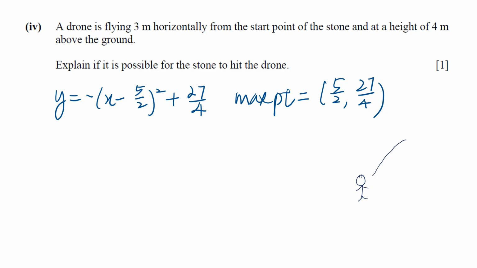The stone reaches up to the highest point and then comes down. The highest point is 5 over 2 comma 27 over 4. So we are saying that you have a drone here. It starts at 3 meters, here, 4 meters. So this is your drone. Sorry, I don't know how to draw one.